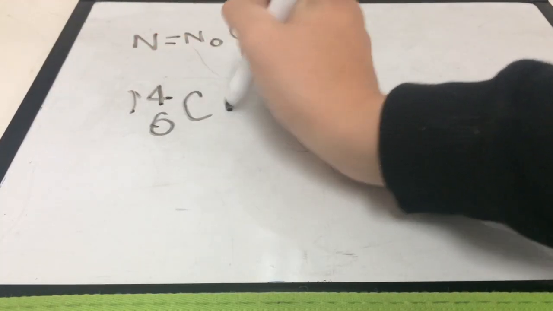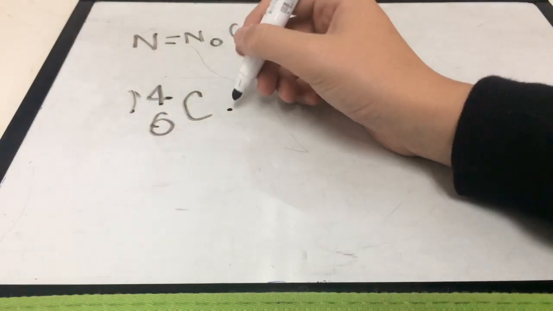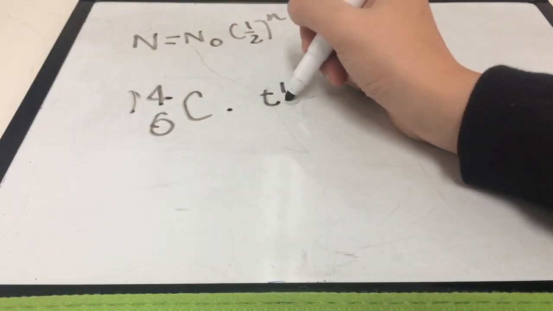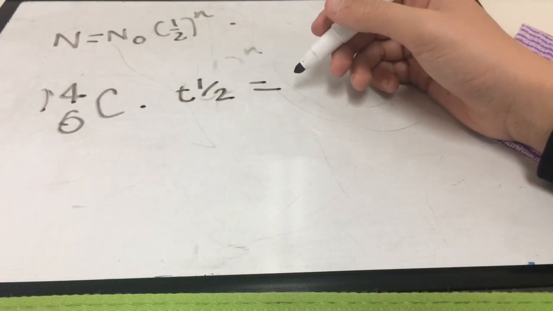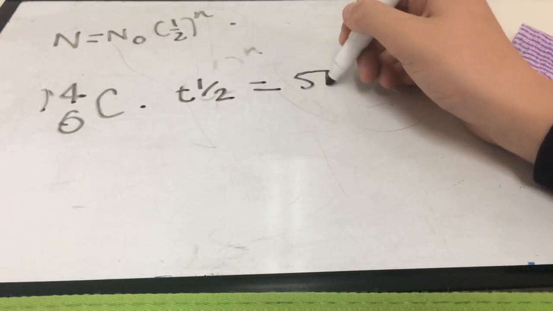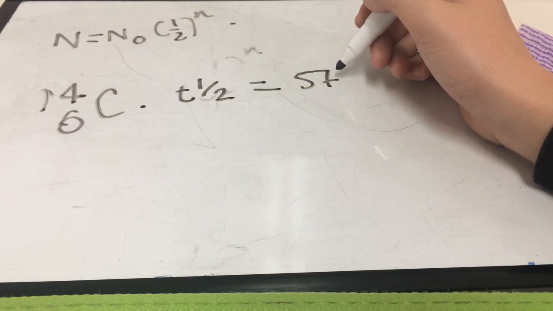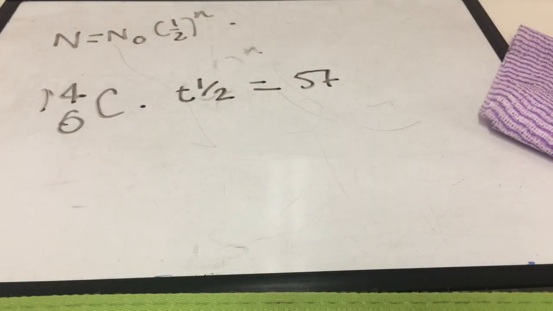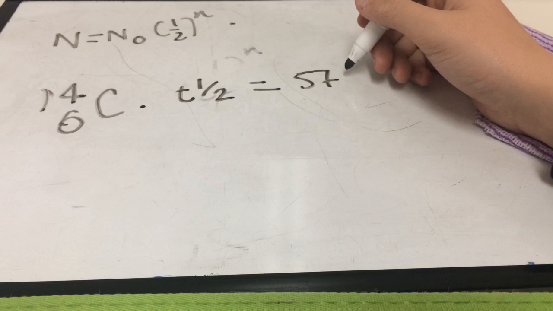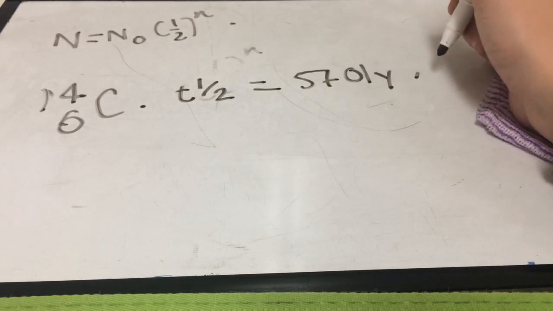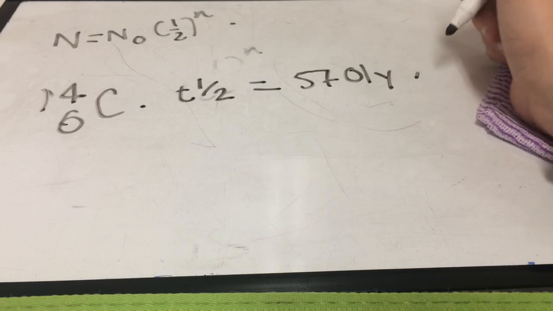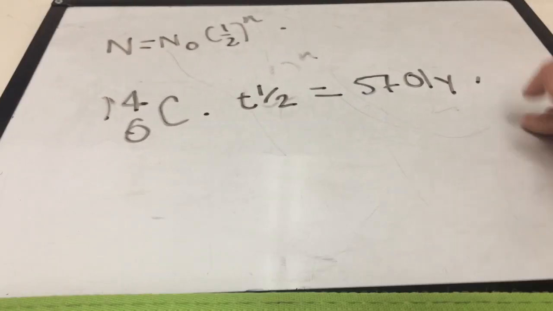Carbon-14 has, this is the symbol for half-life, by the way, T half equals, so we have a half-life of 5,701 years for carbon-14.